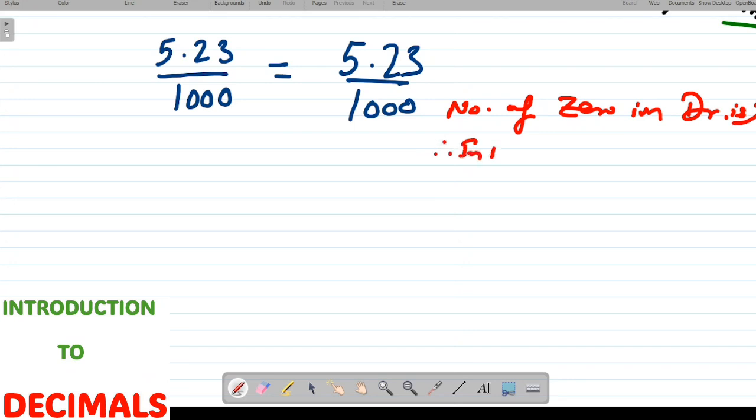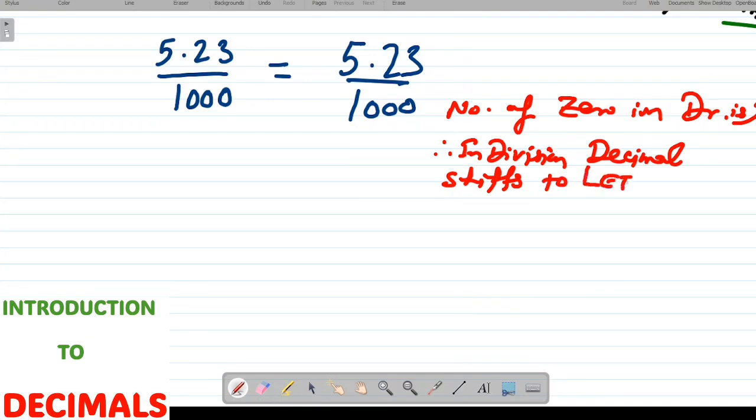Therefore, in division, the decimal shifts where? Shifts to the left, as we discussed in the previous slide, right? Left. So this will be 5.23, it will be like this. 5.23 divided by 1000 will lead to three zeros being there.